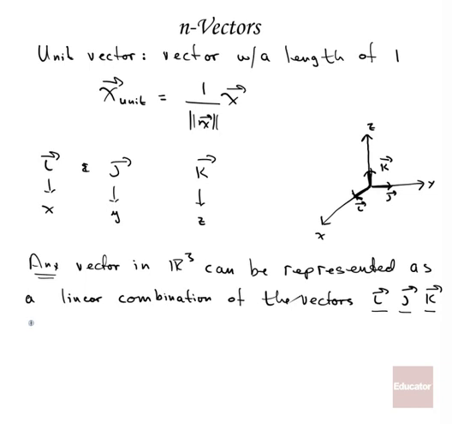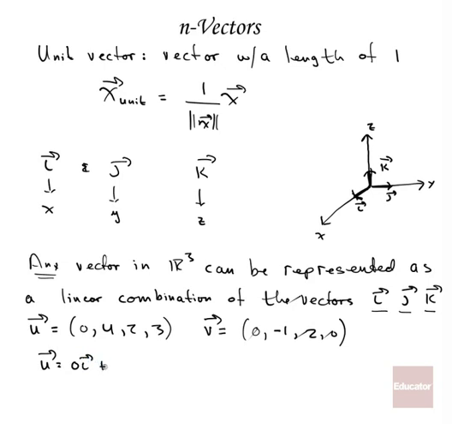So for example, if I had u equals 0, 4, 2, and v is equal to 0, -1, 2. I might say I can write u as 0i plus 4j, plus 2k.